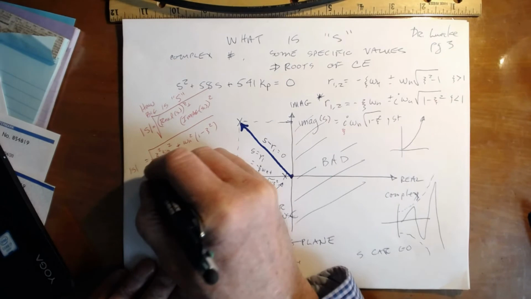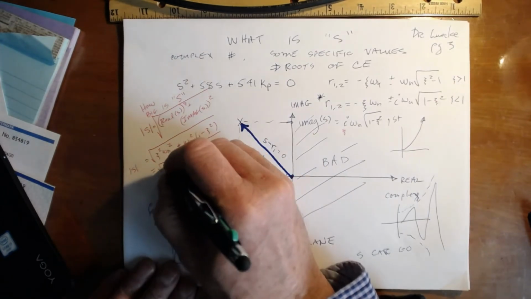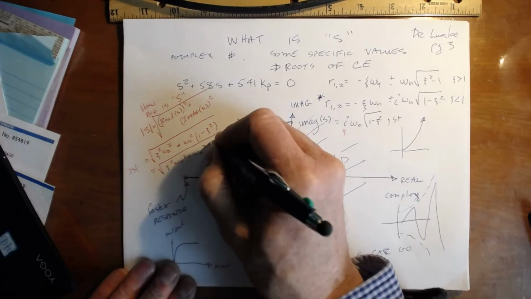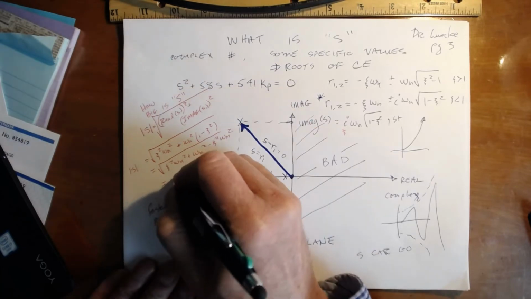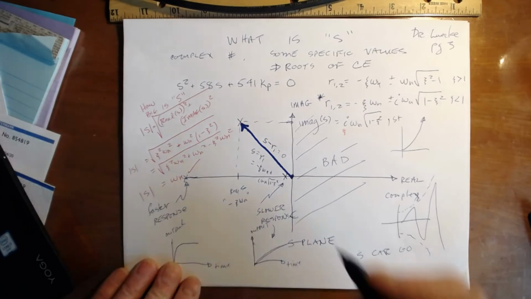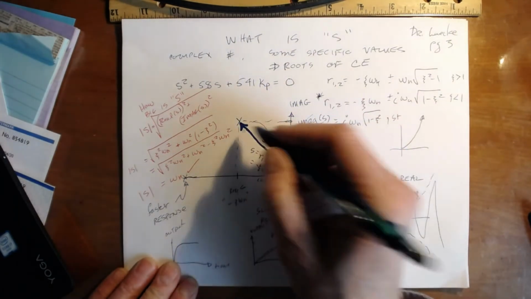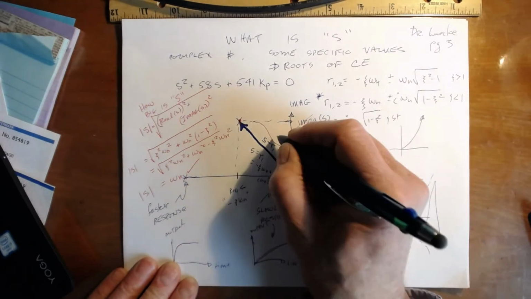It turns out there's some nice simplification here. Zeta squared omega n squared plus omega n squared minus zeta squared omega n squared equals omega n squared. The magnitude of s is omega n. So the length of this vector from the origin to the specific location in the s-plane is omega n.